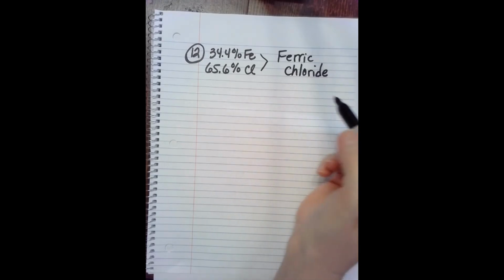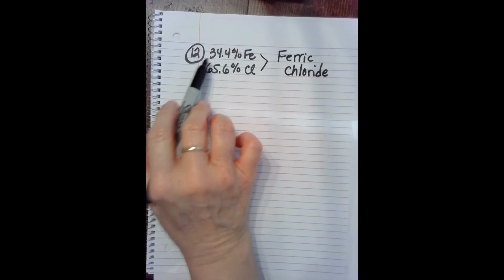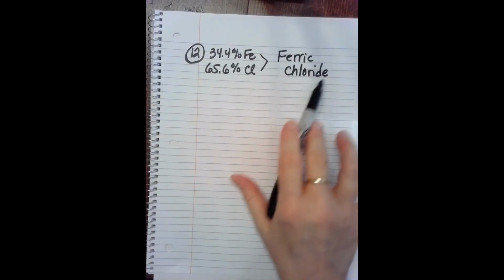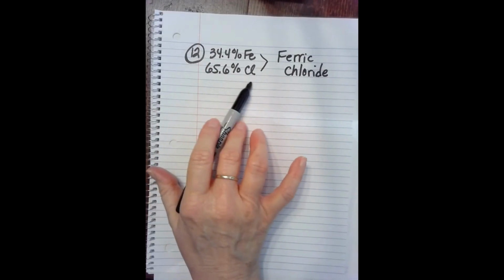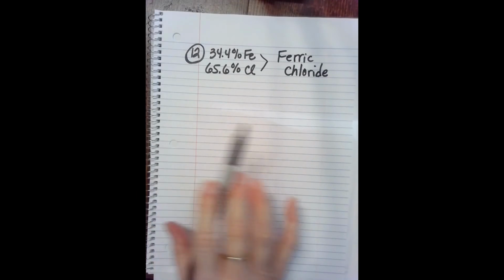All ferric chloride, no matter the sample size, is 34.4% iron and 65.6% chlorine. That's what it told us.